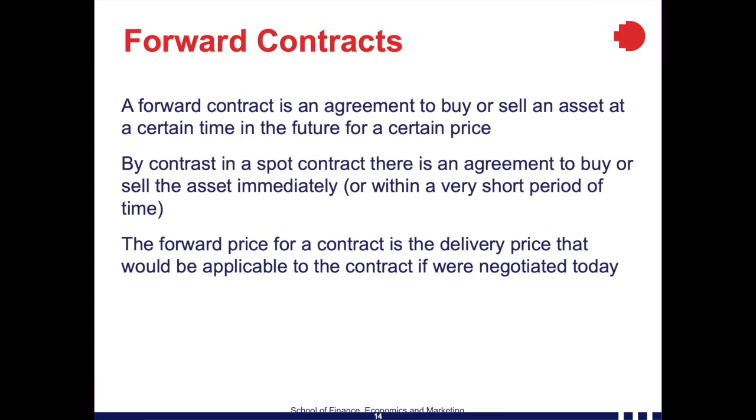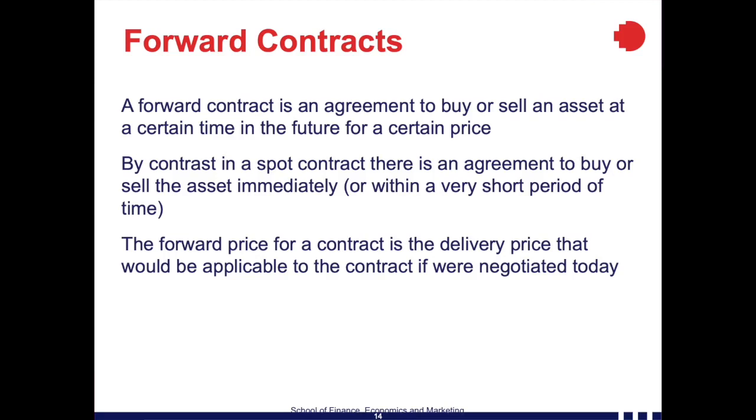So what is the main distinction between forward and futures contracts? They are very similar, but the main distinction is that forward contracts are not standardized. They are customized to cater to the needs of both parties entering into the contract.